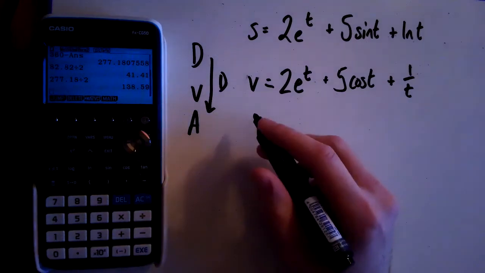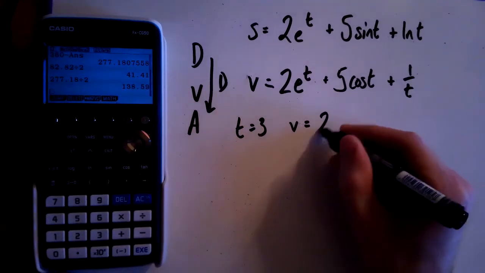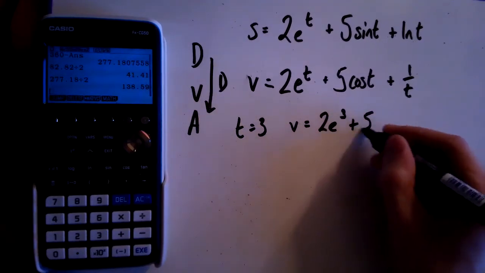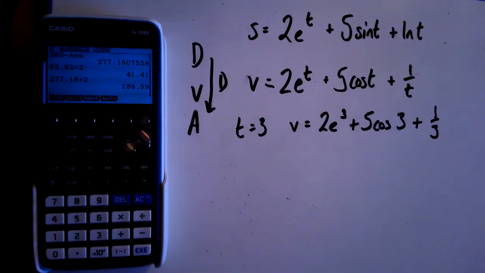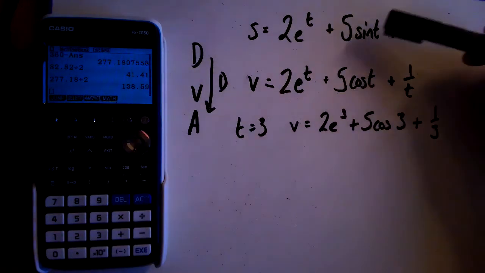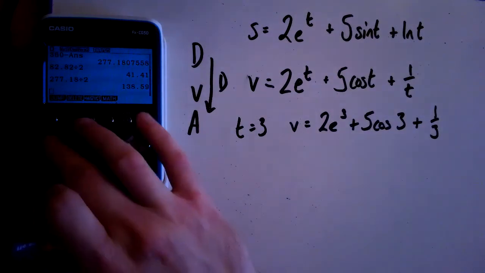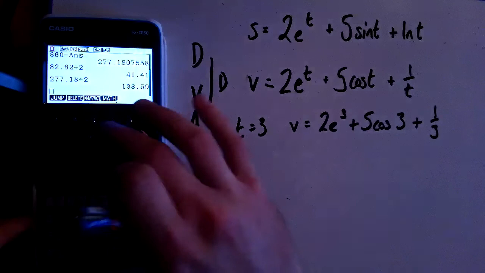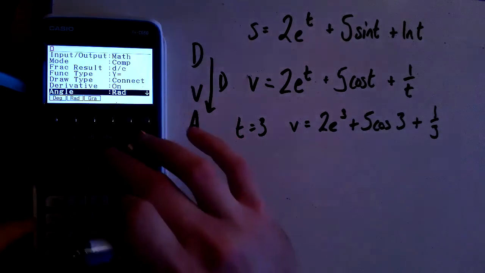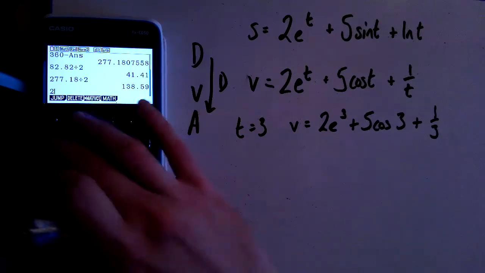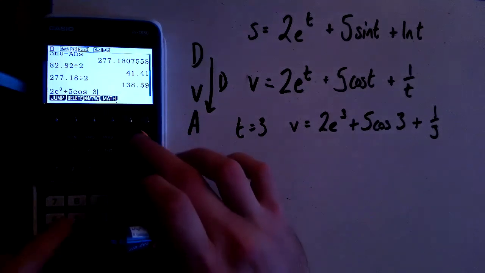We want the velocity after 3 seconds. So when t is 3, we get v is 2e^3 plus 5 cos 3 plus 1 over 3. Now, since we've differentiated, we need to make sure our trig, the angle, is in radians. So I need to change my calculator back to radians. And 2 e to the power 3 plus 5 cos 3.